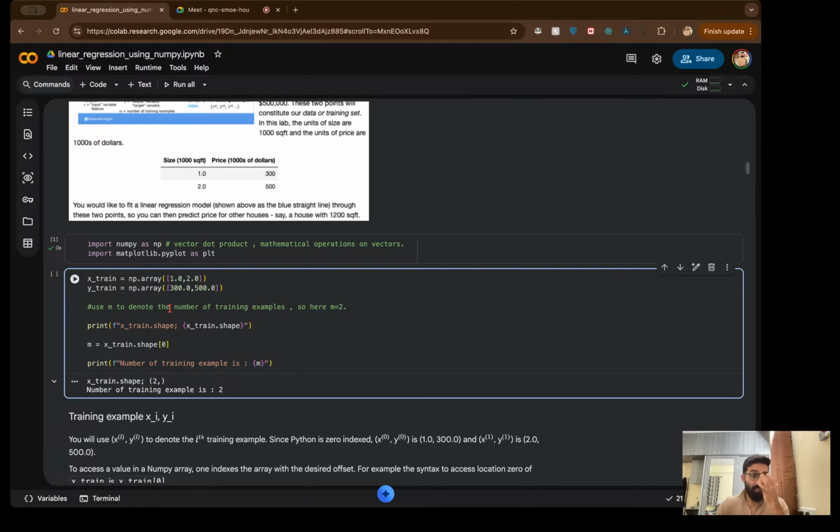Now the next thing is what we are going to do. We are going to create our training set xtrain, and xtrain is the numpy np.array in which there are two data points. So we are creating the numpy array with two data points, and we call this xtrain.